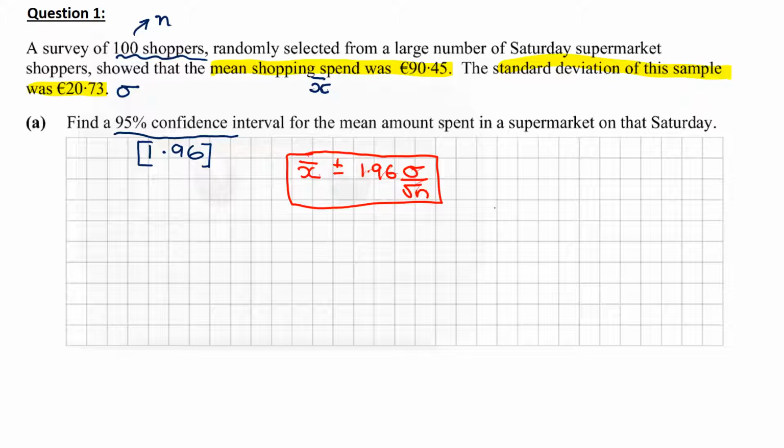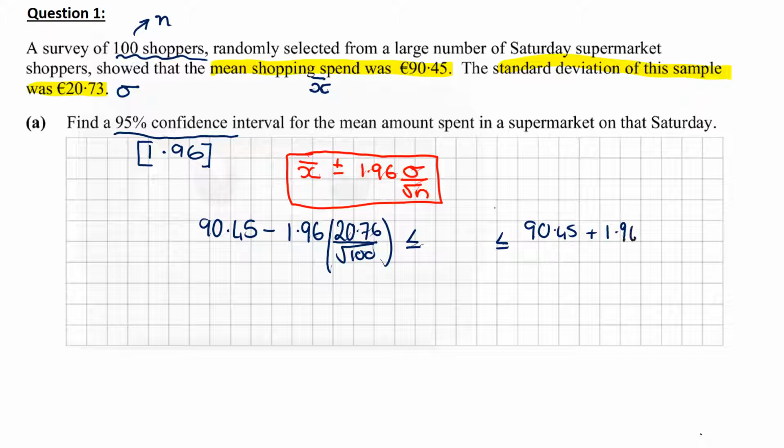So working with that, we basically get 90.45 minus, I'm going to do the smaller one first. The smaller one will always be the negative. 1.96 by 20.76 all over the square root of 100. Okay, so that's the lower bound. And then there's the upper bound, which is 90.45 plus 1.96 by 20.76 all over root 100.